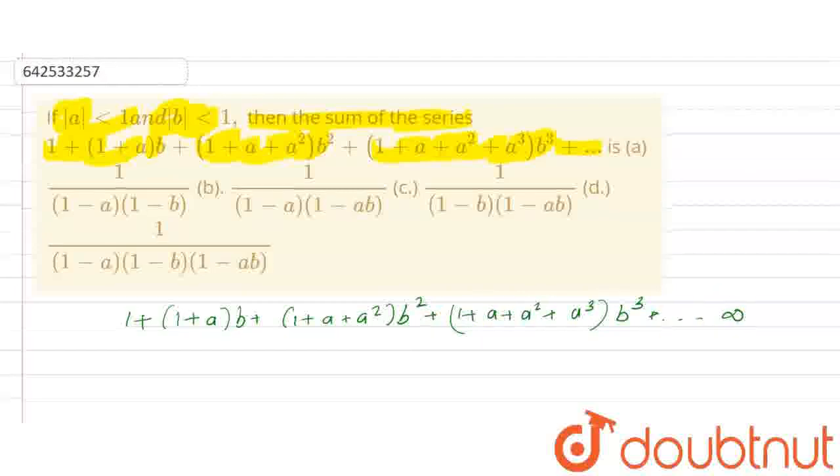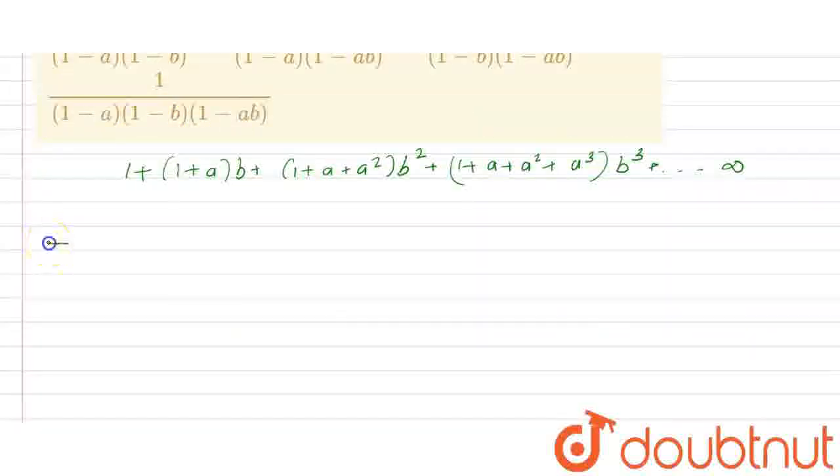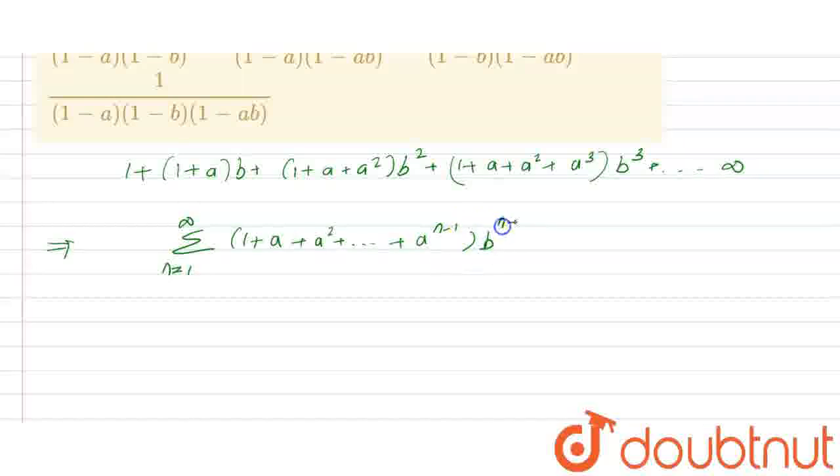I have to find the sum of this series. So first I will write this as the summation, n goes from 1 to infinity, of (1 + a + a^2 + up to a^(n-1)) times b^(n-1).